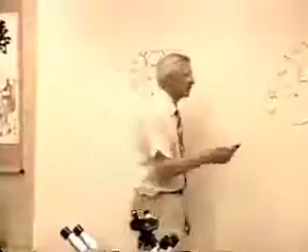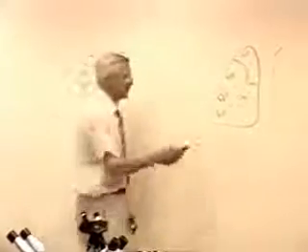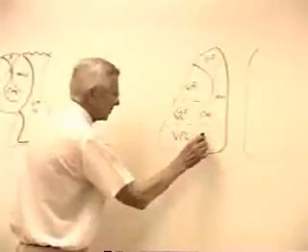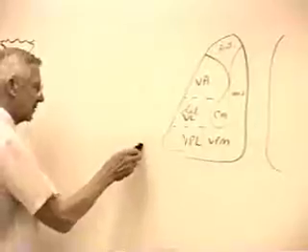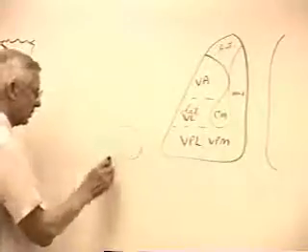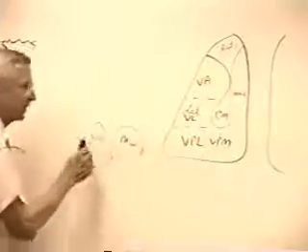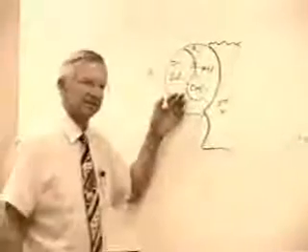And then to make that 3 become 6, we can divide VP into VPL, VPM, and throw in the two geniculates, medial and lateral. So now we have a pair of 3s for the ventrolateral complex.